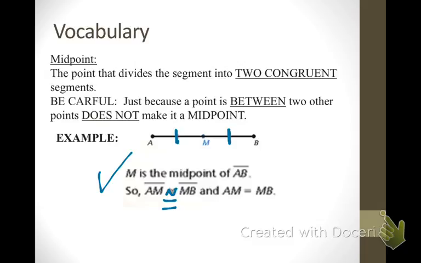And the length of line segment AM is equal to the length of line segment MB. Now that's a very important distinction because in the first one, line segment AM is congruent to line segment MB, we're talking about the figure, the actual two lines, the figures. But when we're talking about the length of line segment AM and the length of line segment MB, we're talking about measurement, so we must use an equal sign.